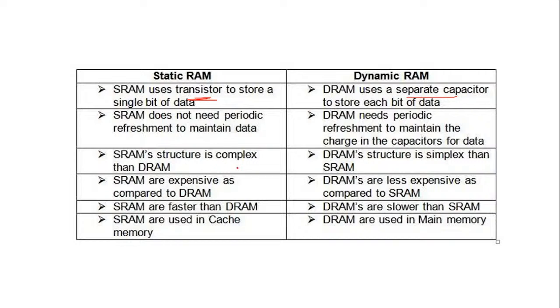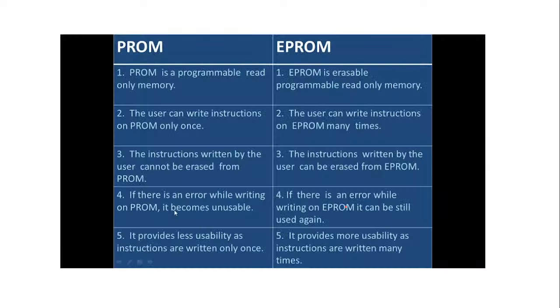Static memory is complex, dynamic memory is simple. Statics are expensive, whereas dynamics are less expensive. Statics are faster and dynamics are comparatively slower than static. Static memory is used in cache memory, whereas dynamic memory is used in main memory. Then we have programmable read-only memory and erasable programmable read-only memory.